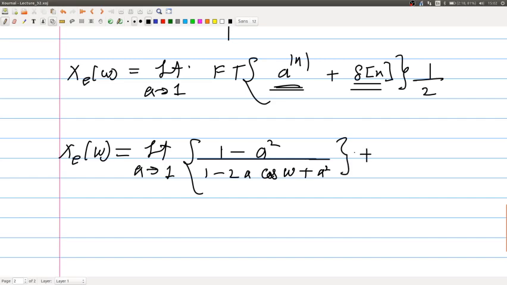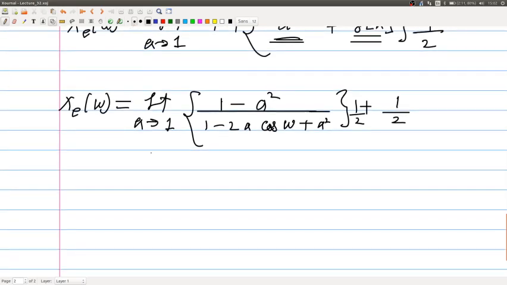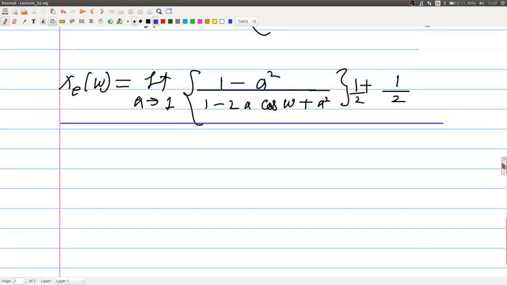And this is multiplied by half, and then the DTFT of delta n would be 1, so you would get a half in here. So let's keep this. We will use this shortly.